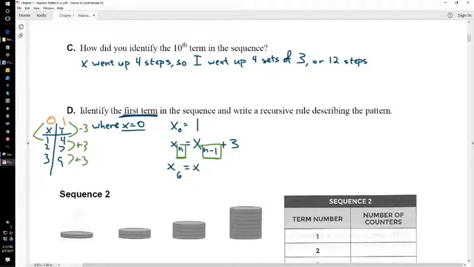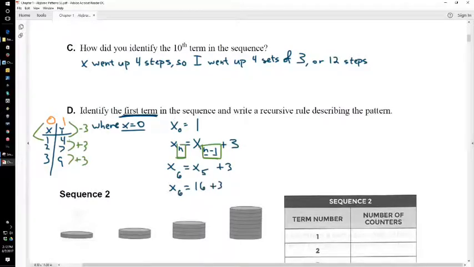I'm going to do x of 6 minus 1, which is 5. 4, 5, 6, 7, 8, 9, 10, 11, 12, 13, 14, 15, 16. X of 5 was 16.